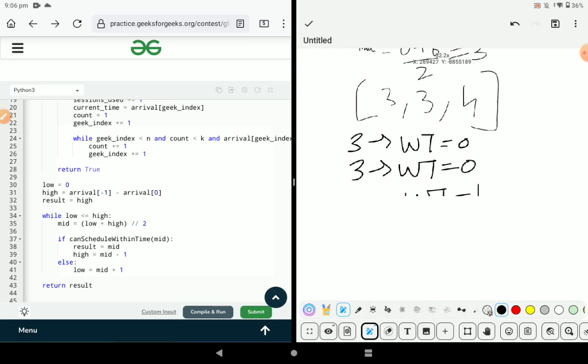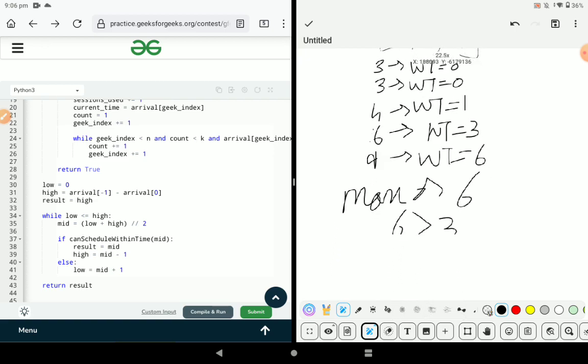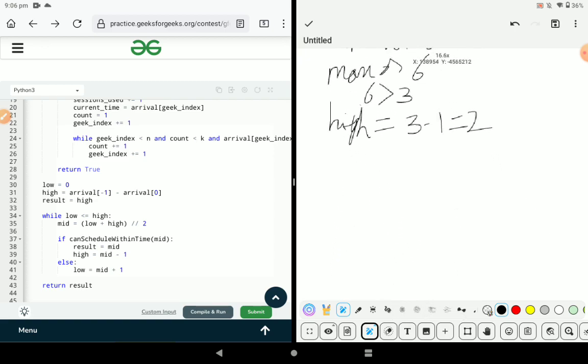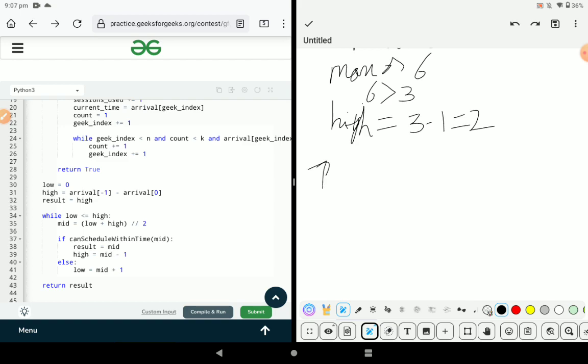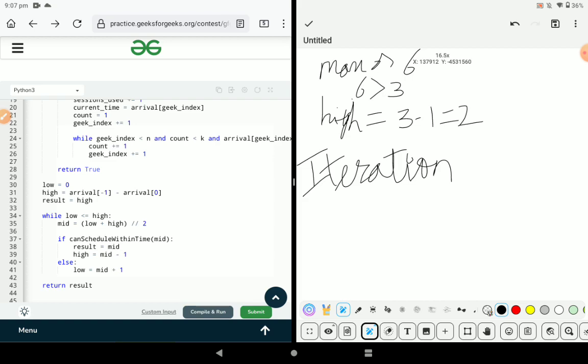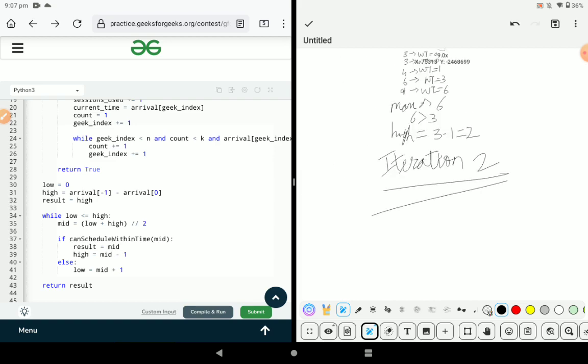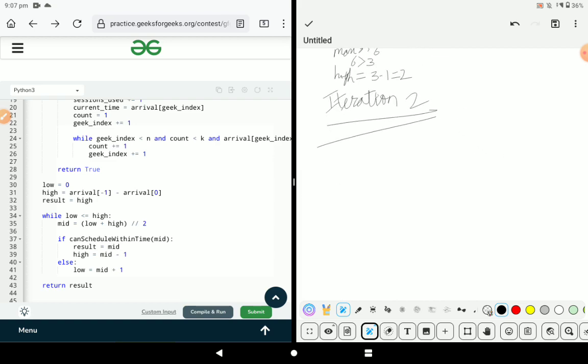In iteration 1 this we have done. Then at iteration 2, what are we going to do?